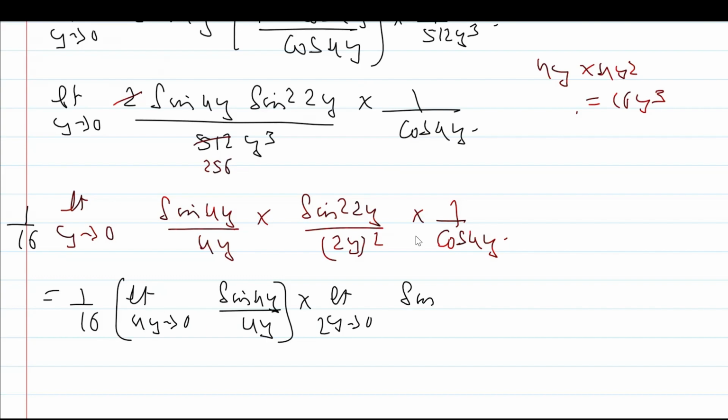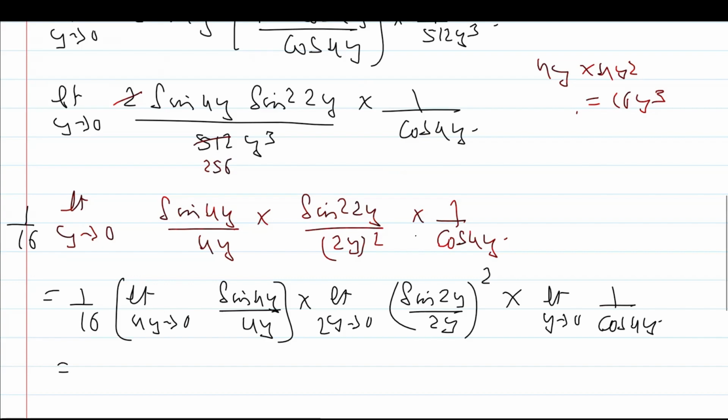This I can write as sine 2y over 2y whole square. And then this is limit y tends to 0 of 1 over cos 4y. So now we have 1 over 16 outside. This results to give you 1, and this is 1 square.